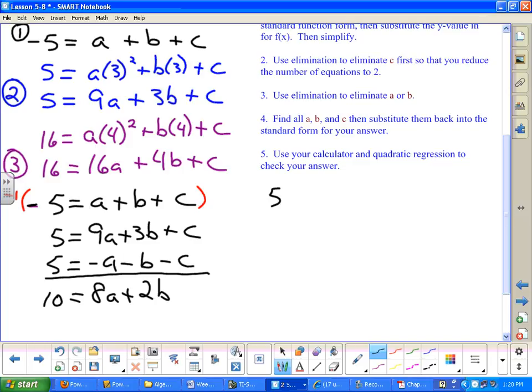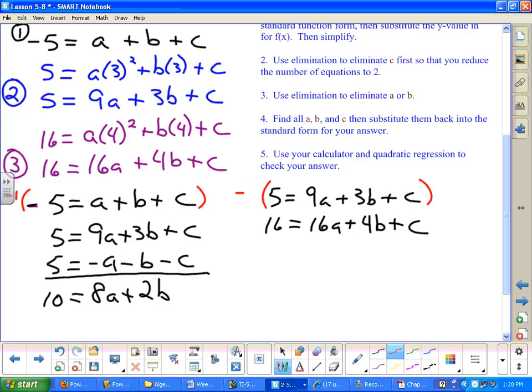So let's see, we have 5 equals. And what you use for your other equations is really up to you. And so this one, again, I want to get rid of c, so I need one positive, one negative, so I'll go ahead and multiply the first equation by -1.